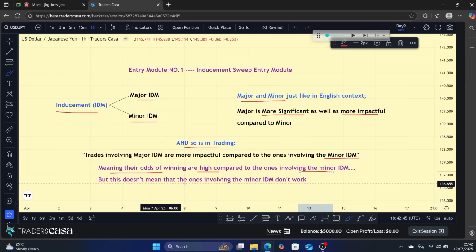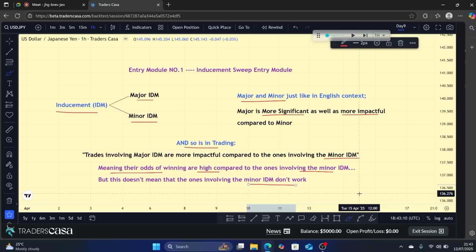But this doesn't mean that the ones involving the minor inducement don't work. No, both of them do work, the trades that involve the minor inducement and the trades that involve the major inducement. It's just that the odds of winning are different. By different I mean the odds are high for the trades that involve the major inducement, and low for the ones involving the minor inducement.